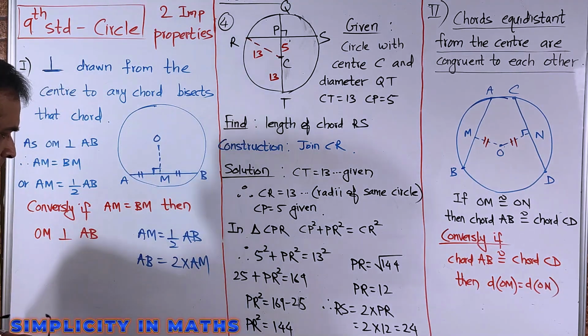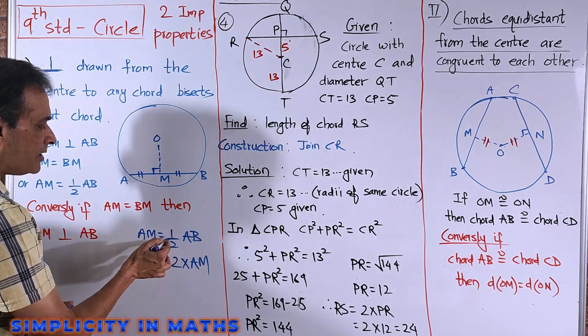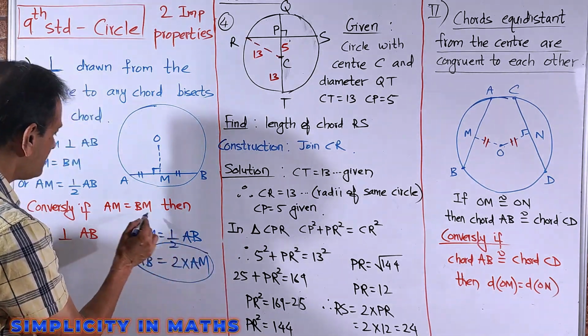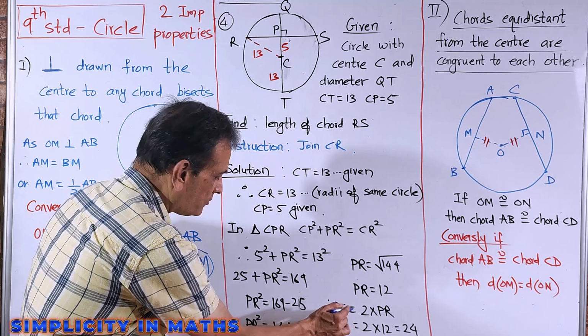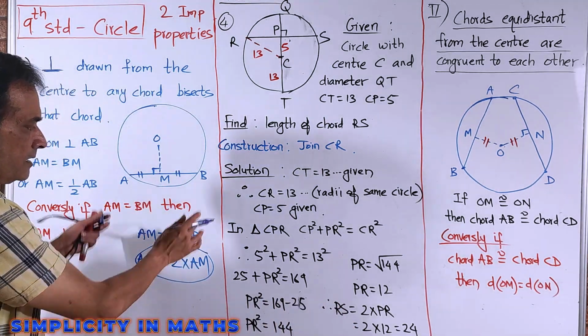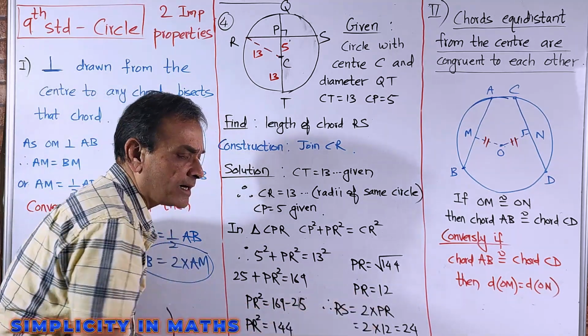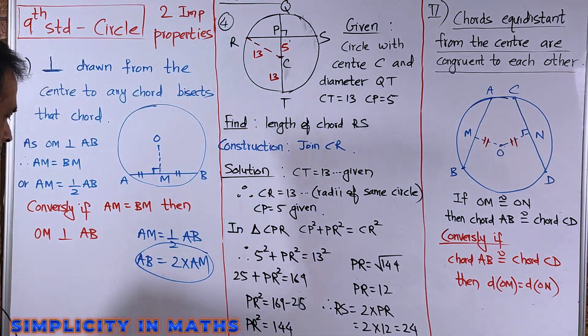Just cross multiply. So AB equal to 2AM, it means AM is equal to half AB. दोनों सेम ही है, but sometimes we use this, sometimes directly we get the answer by using this. For example, in the next sum, we have used this property. Bigger part will be equal to twice the smaller part. That is the first property.